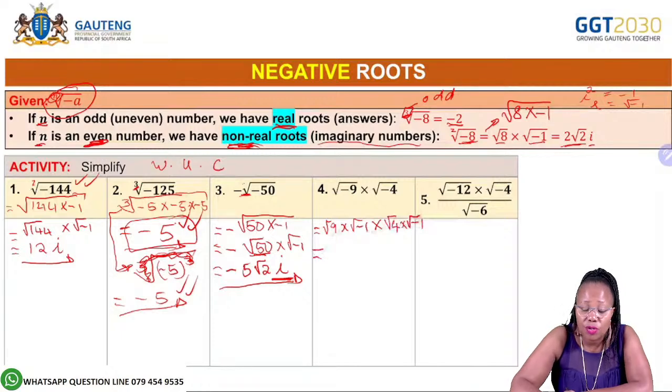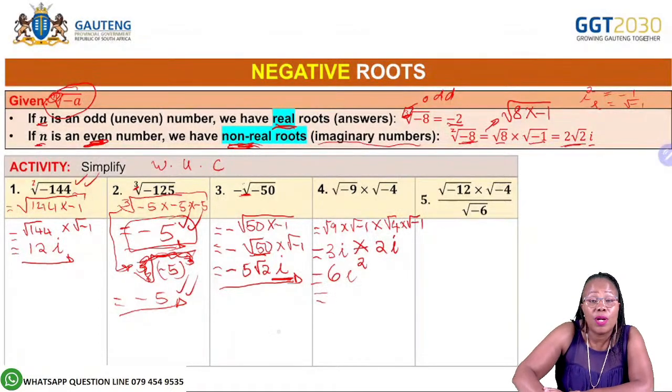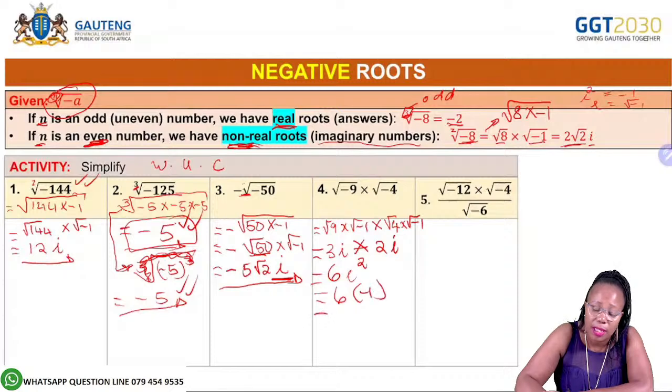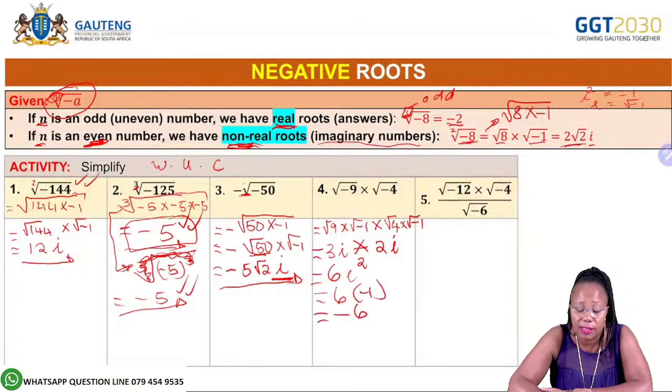The square root of 9 is 3, the square root of minus 1 is i, the square root of 4 is 2, the square root of minus 1 is i. Then we have 3 times 2, which is 6, i times i is i squared. But remember, i squared is negative 1. So 6 times minus 1, and the answer is minus 6.